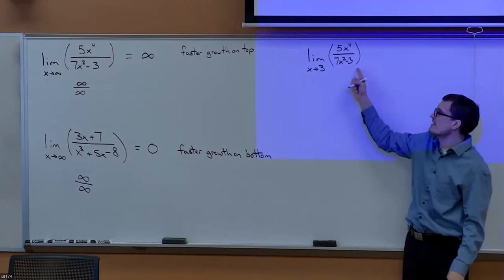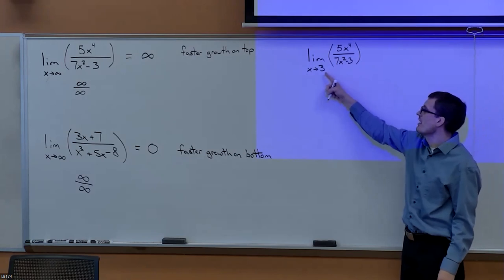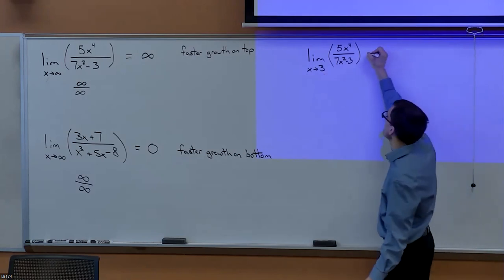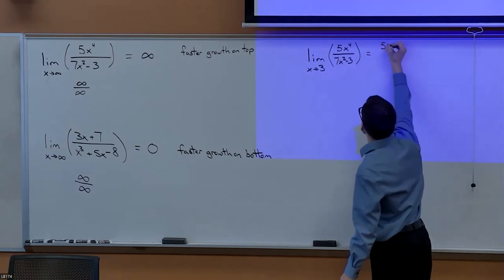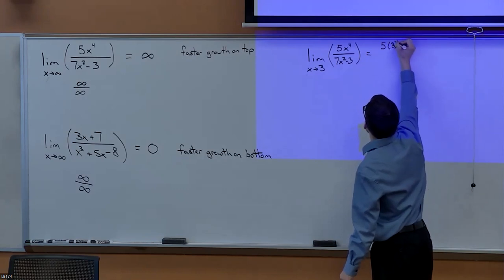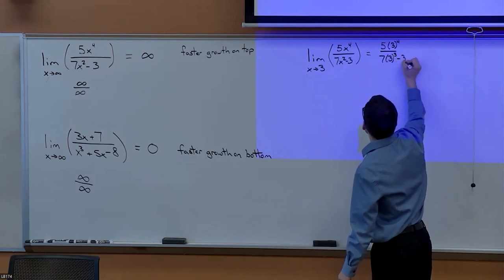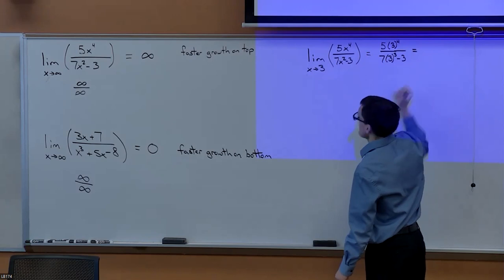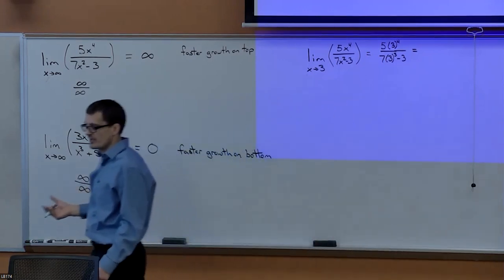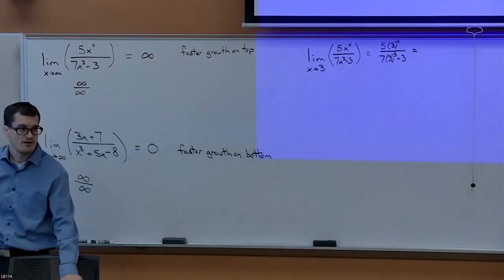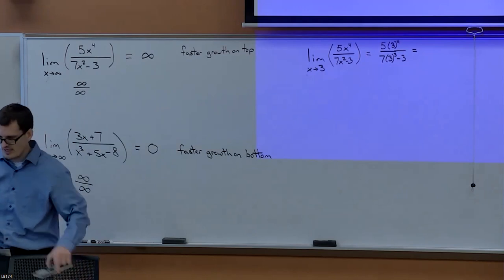If I want to find this limit as x goes to 3, I'm just going to plug in 3. That is not an indeterminate form. So whenever I have something that's not an indeterminate form, I'm just plugging in the number, if I can.